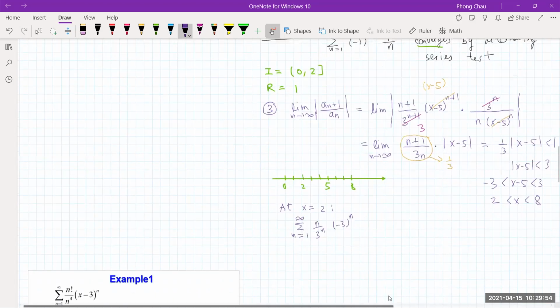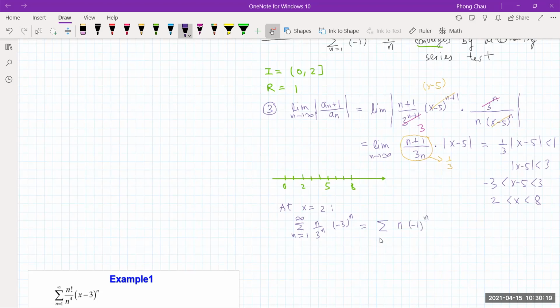We can always simplify things when it comes to the special cases. You see this: 3 to the n and 3 to the n cancel, leaving -1 to the n. The series becomes the sum of n times -1 to the n.